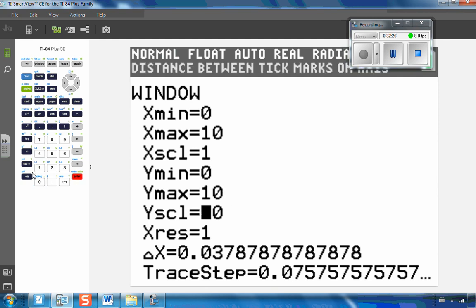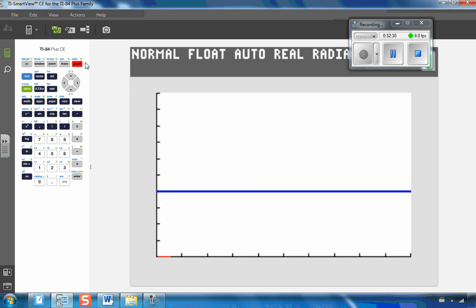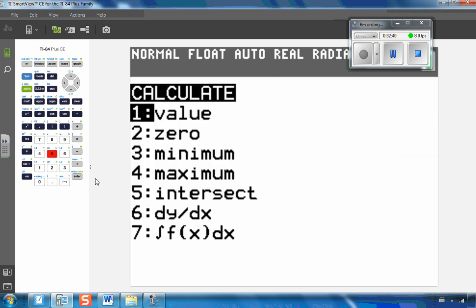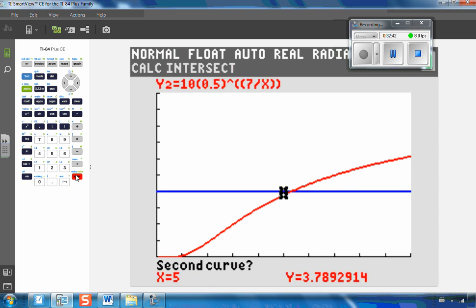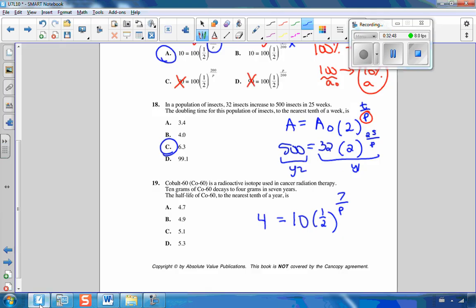So let's do that and then 1. Okay. So there's the 4 grams and there we go with the other. So we're going to find the intersection point and that will tell us our half-life. So second trace, option number 5. Enter, enter, enter. And there we go. I get 5.3. So 5.3.